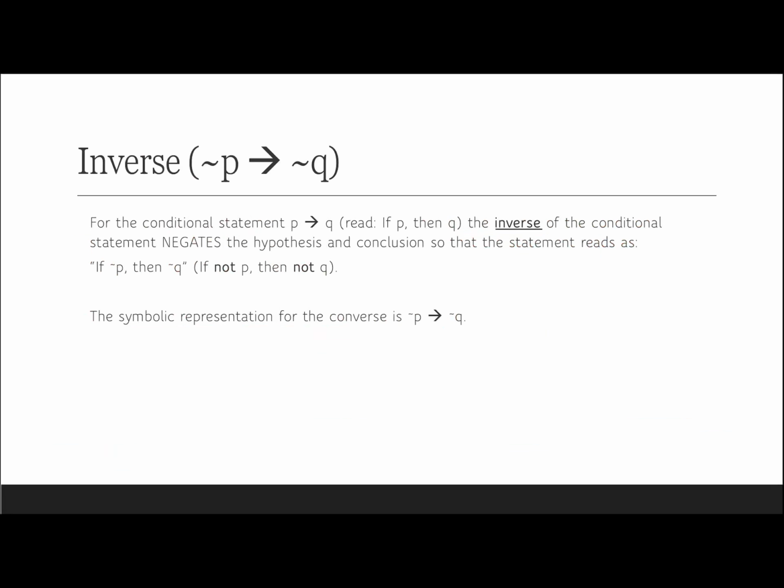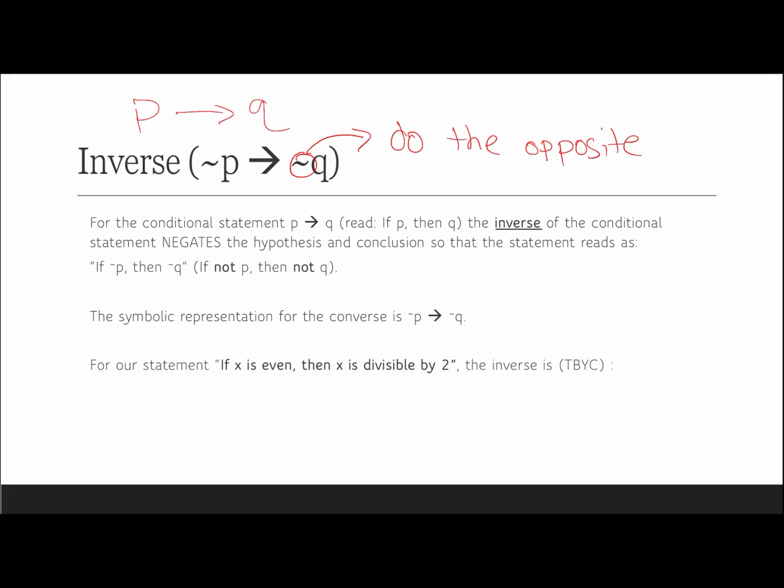So the inverse is for the original statement P, if P, then Q. The inverse is formed by negating both statement P and statement Q. Remember, negating means do the opposite. So for our statement, if x is even, then x is divisible by 2.